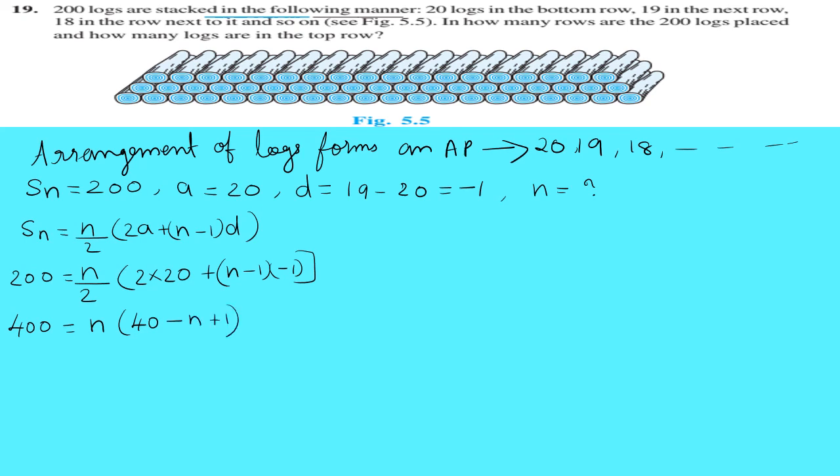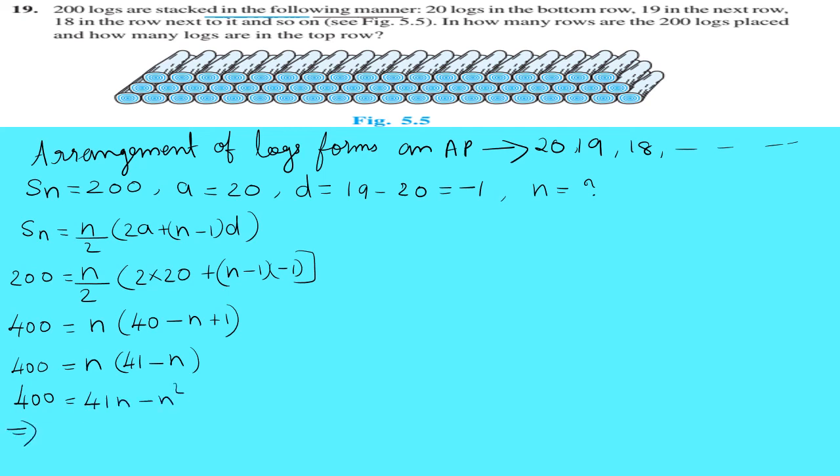So you will have 400 equal to n multiplied by (41 minus n). That is 400 equal to 41n minus n square.